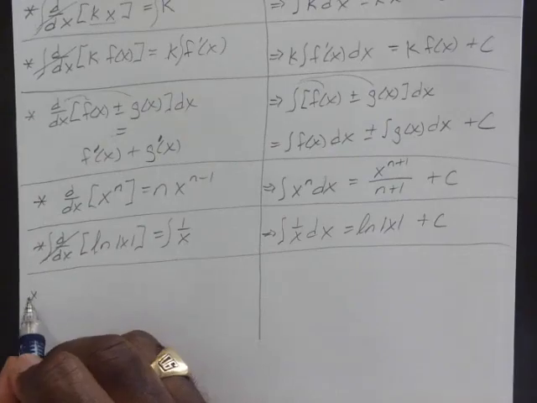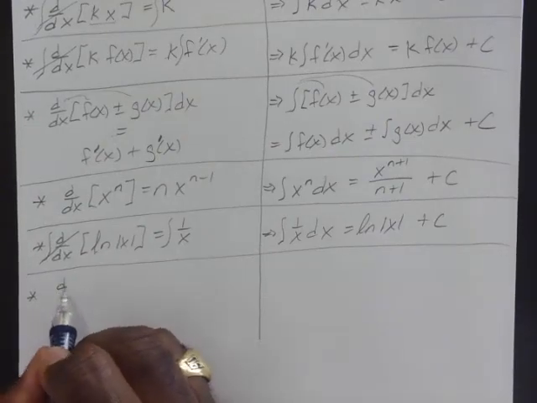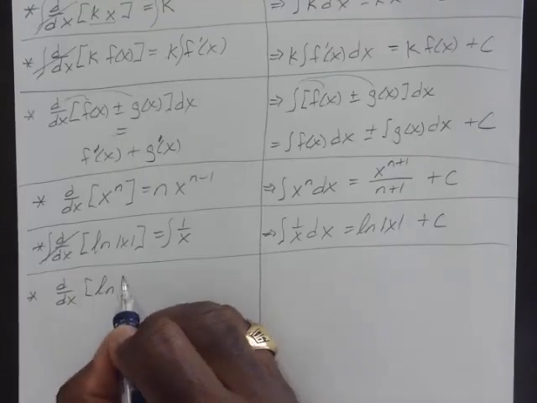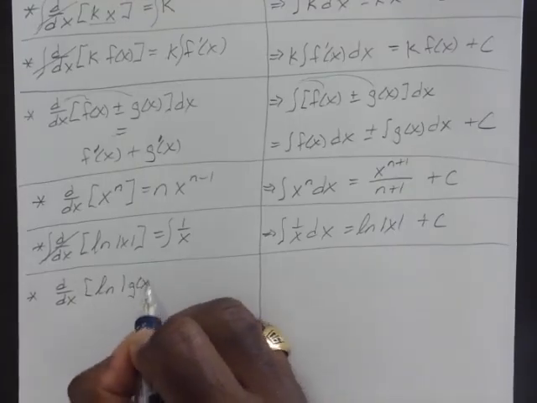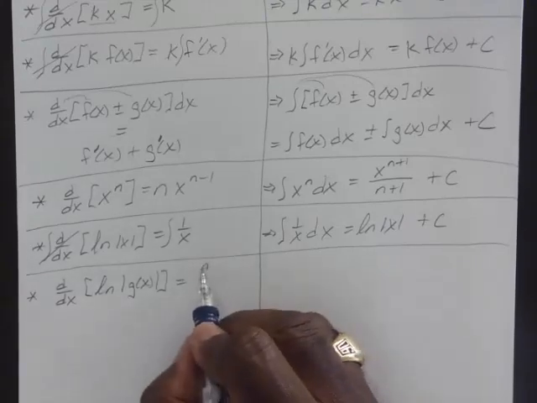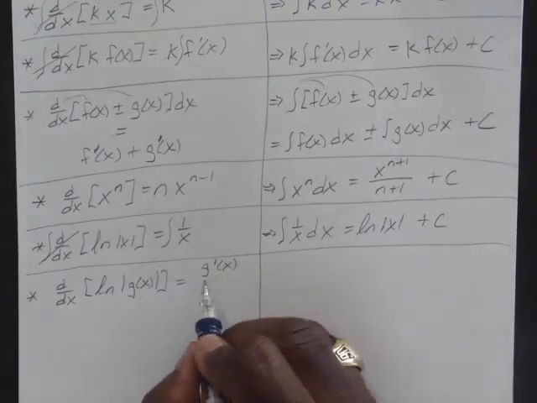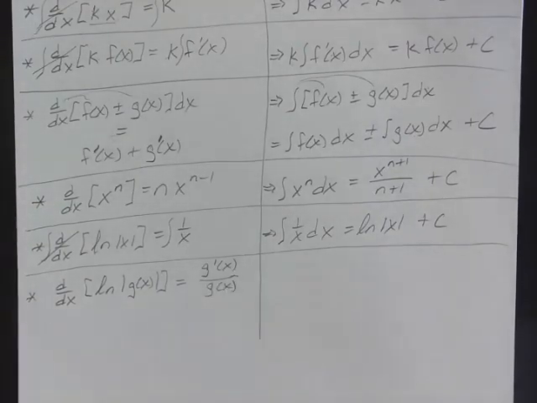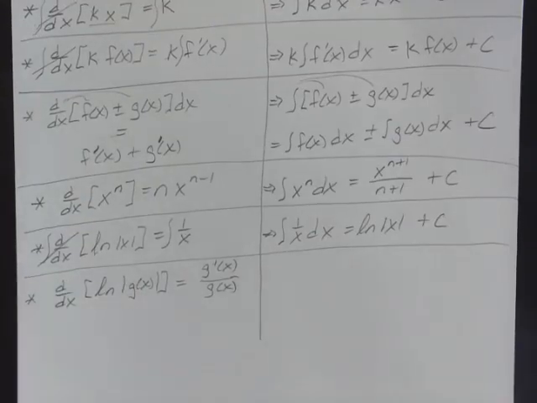Okay, and the same way, we know that the derivative with respect to x of the natural log of some function of x, we've already proven that that's equal to g prime of x divided by g of x. So the derivative of that argument divided by that argument.